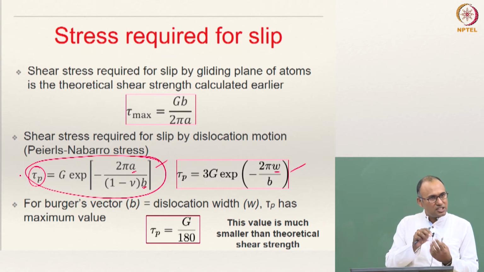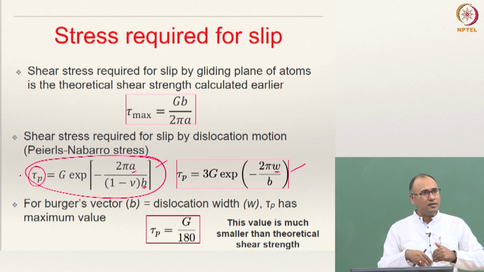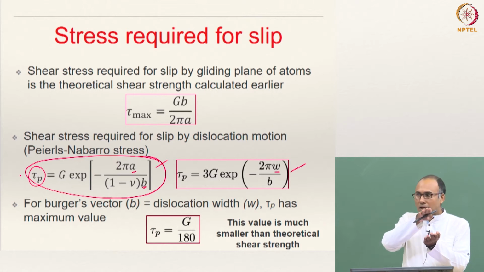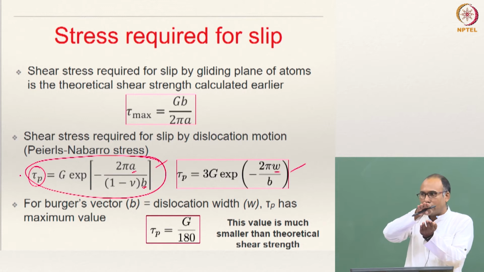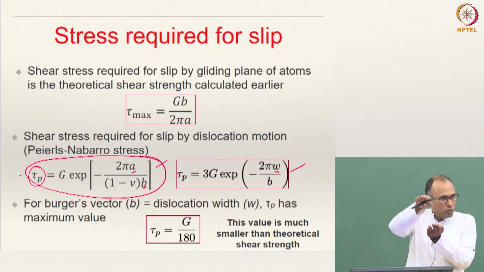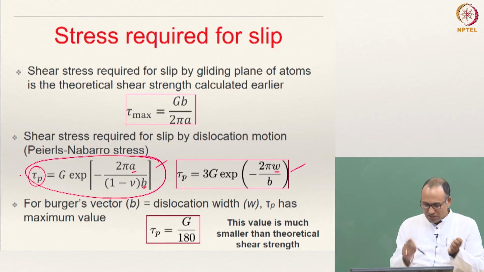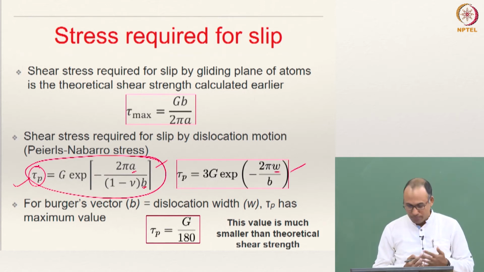Tau p is the stress required to cause dislocation motion, which happens to be much smaller than the shear stress required to cause slip by glide of a plane of atoms. All the atoms in the plane should be moved at once, versus causing slip by moving the dislocation. This is the stress required to cause slip through dislocation motion.